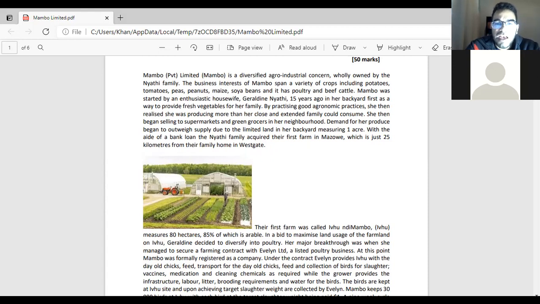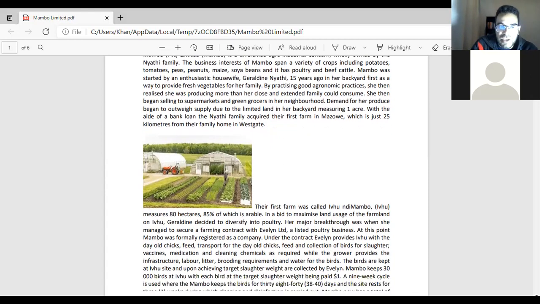By practicing good agronomic practices, she realized she was producing more than her close and extended families could consume. She then began selling to supermarkets and green grocers in her neighborhood. Demand for her produce began to outweigh supply due to the limited land in a backyard measuring 1 acre. With the aid of a bank loan, the Nayati family acquired their first farm, which is just 25 kilometers from the family home in Westgate. Okay, so that's just some background. It's nice to have a background of the company.